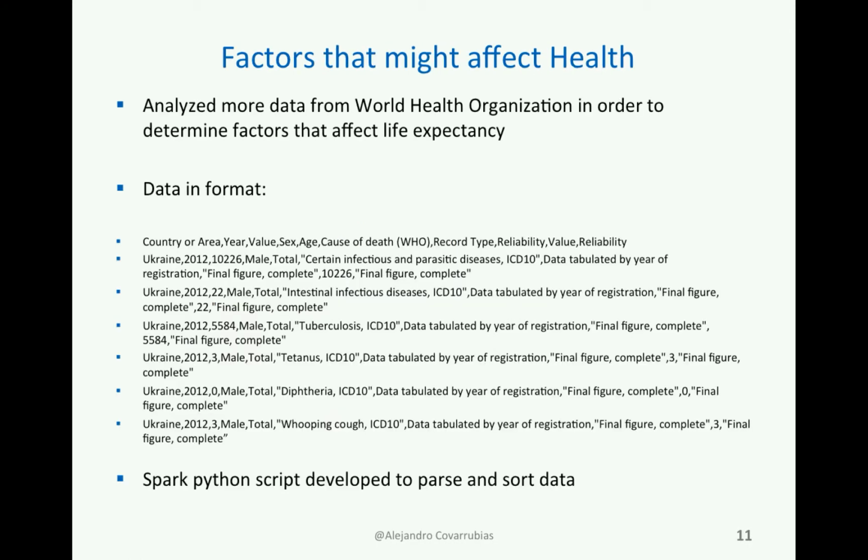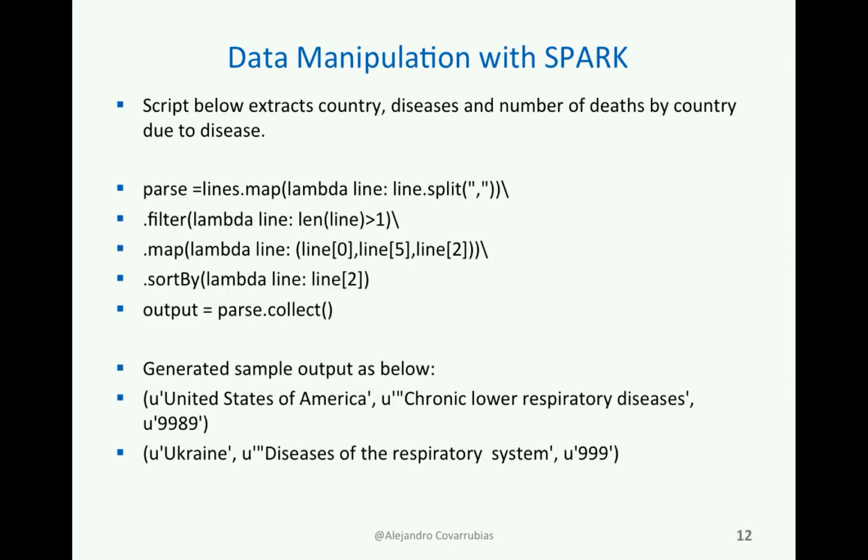So we analyzed more data from the World Health Organization in order to determine the factors that affect life expectancy. We got a big data set in CSV format, and we developed another Python script to parse and sort that data. A sample of the script is shown below.